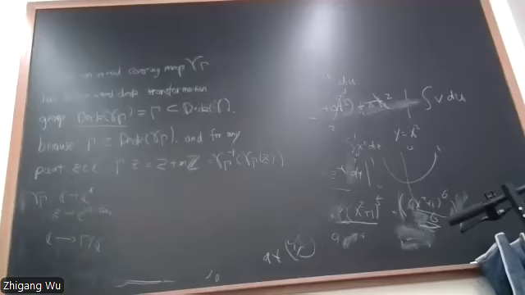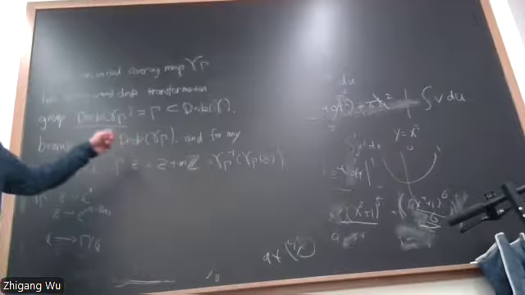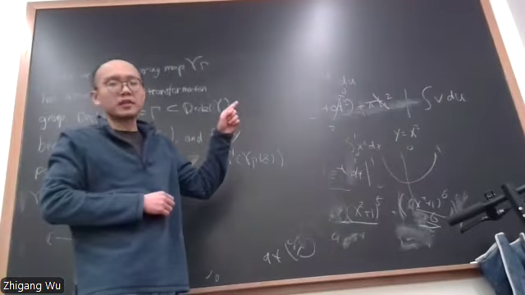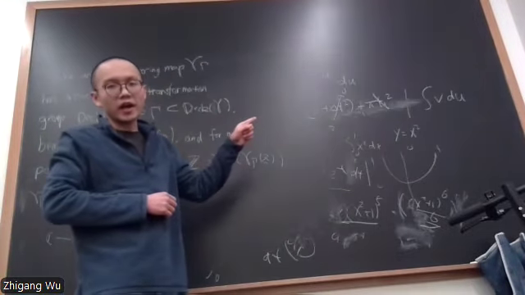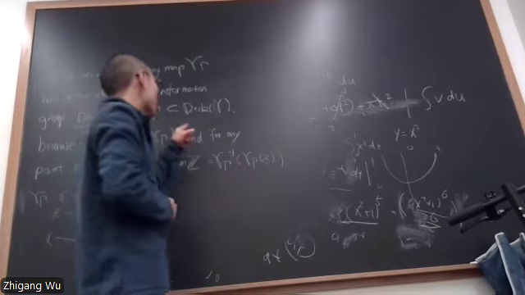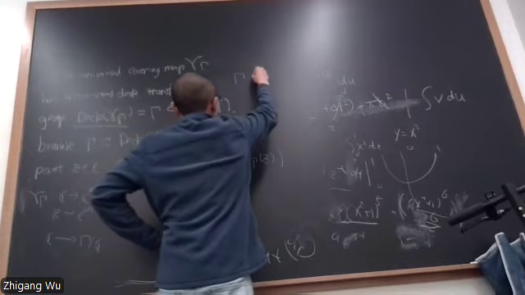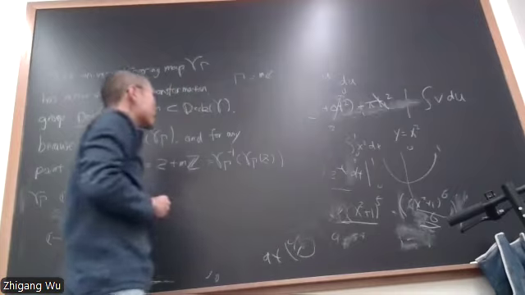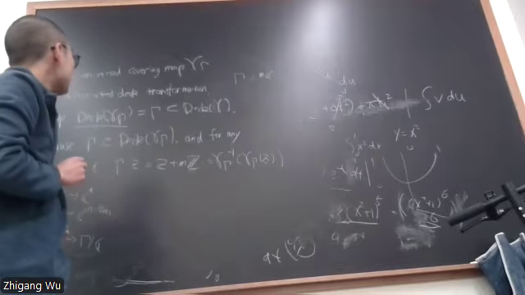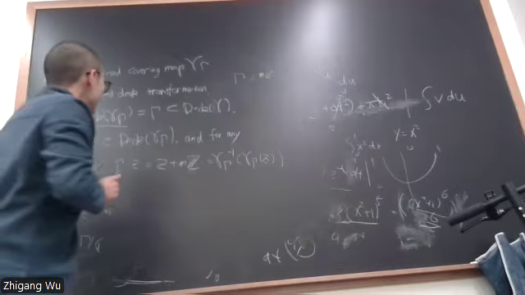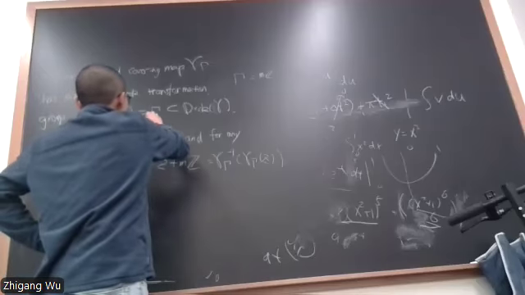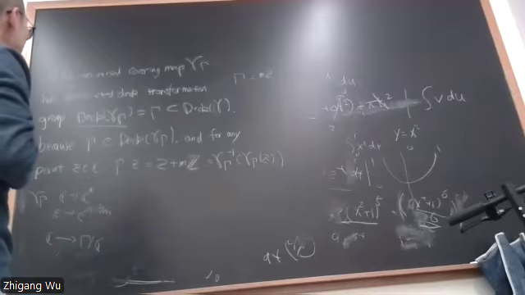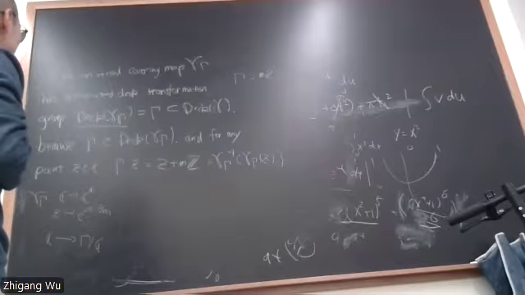Remember that we have argued that any group gamma must be of the form mZ as a subgroup of Z. So gamma is just equal to mZ as a subgroup of Z. So we have already identified the deck transformation group of this.